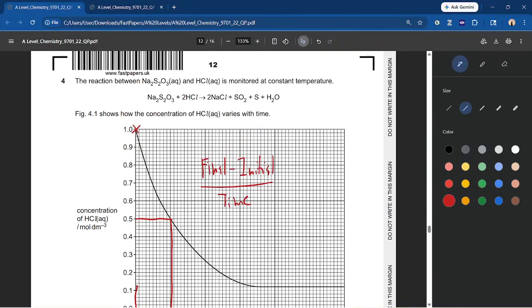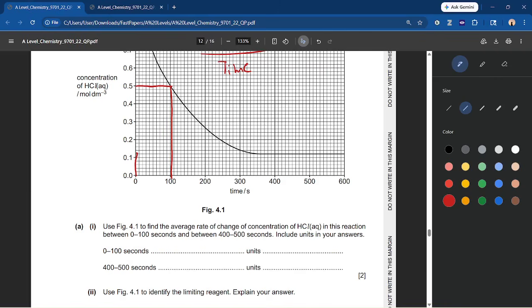So let's go down and write that down. So 0.5 minus 1 divided by 100 is going to give you 0.005. And remember, this is going to be concentration divided by time.